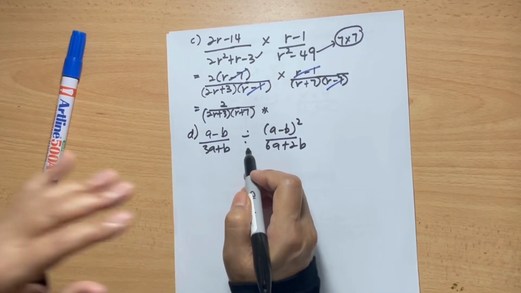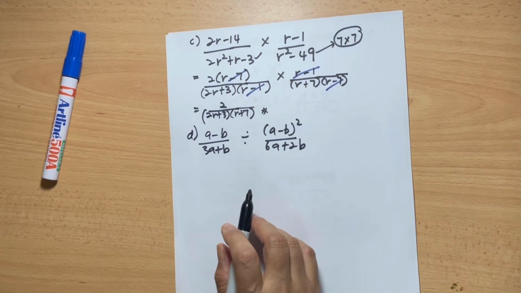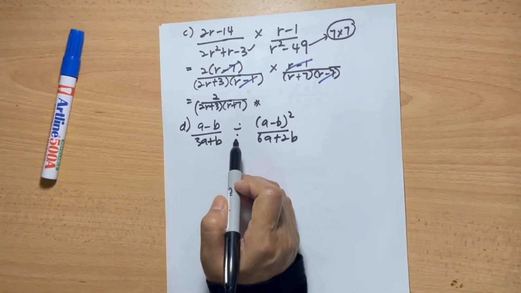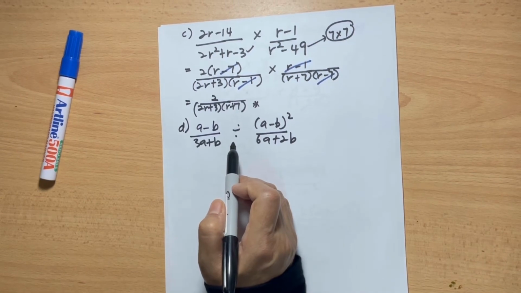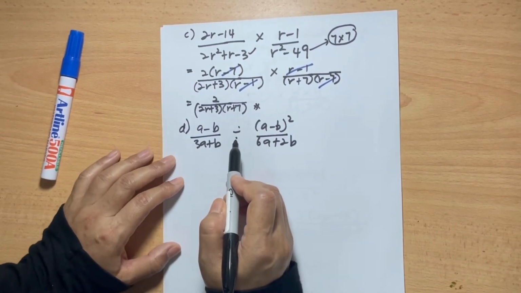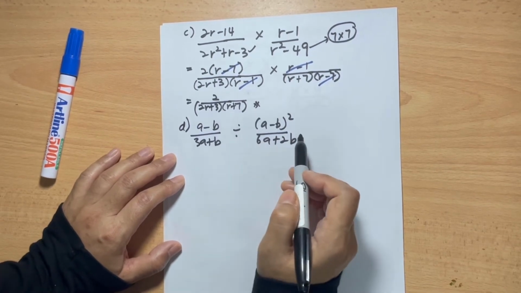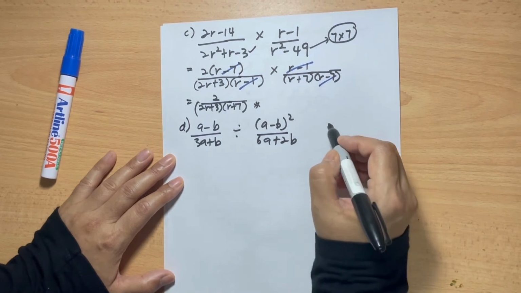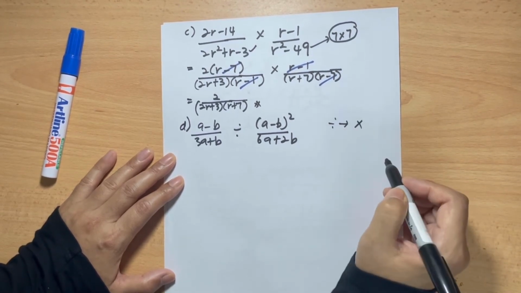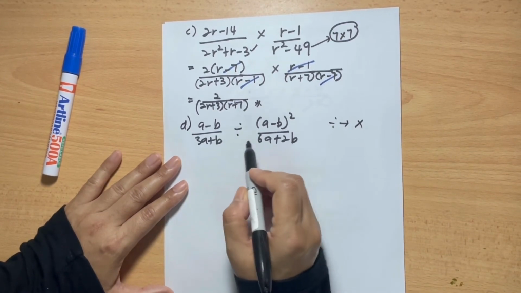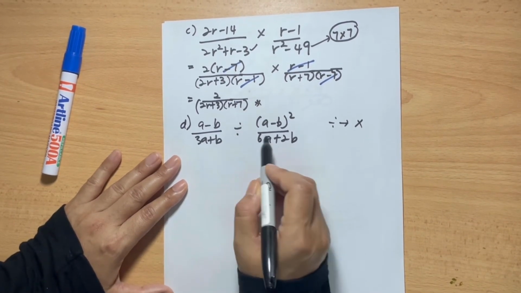You learned already in Form 1 that if you have fractions and division, you must change division to multiplication. When you change divide to times, the position after the operation also changes.